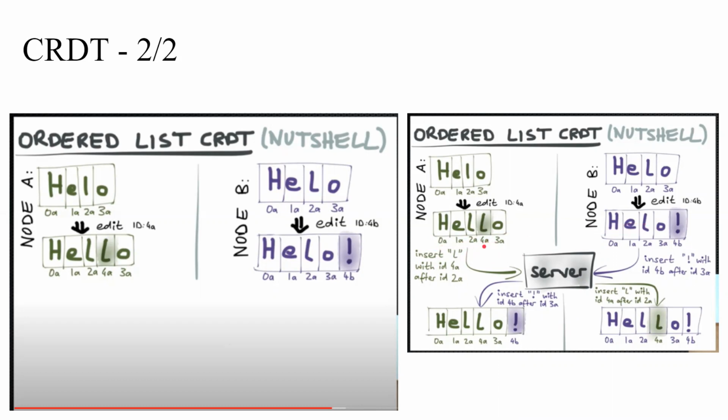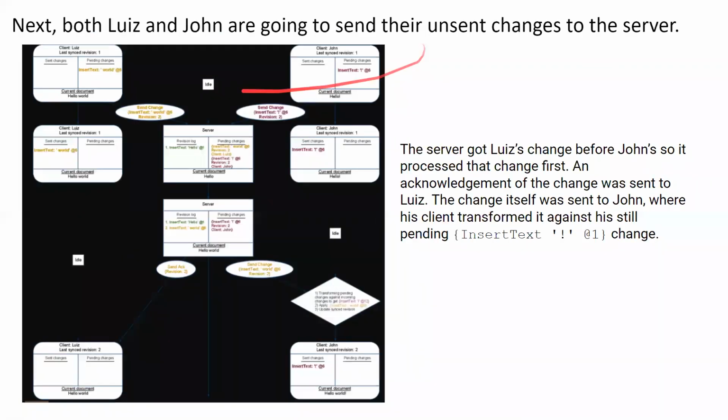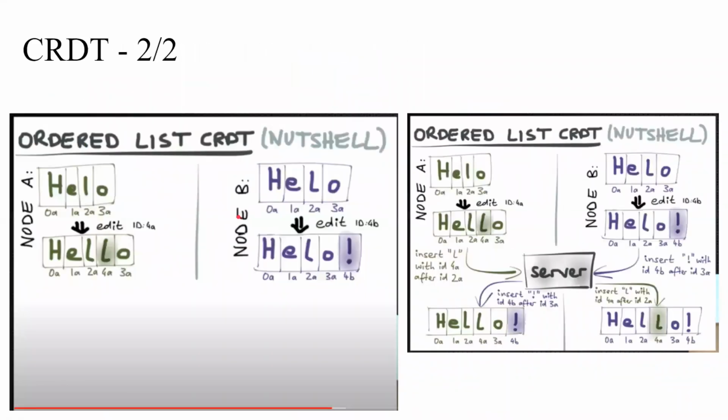Here, the position, you're not sending. When you're sending this position, you're sending an offset, right? Like at letters at position 6 or position 1. Whereas here, you are coming up with a new identifier for a position, and you're saying this position comes after XYZ, or it comes before XYZ, something like that, right? So you don't give exact offsets, but you come up with new identifiers, and then you pass that information.